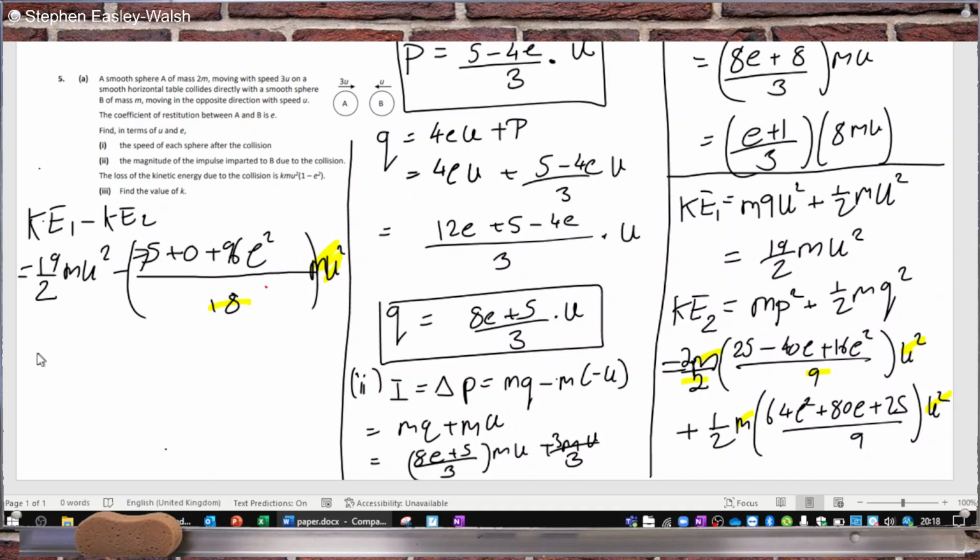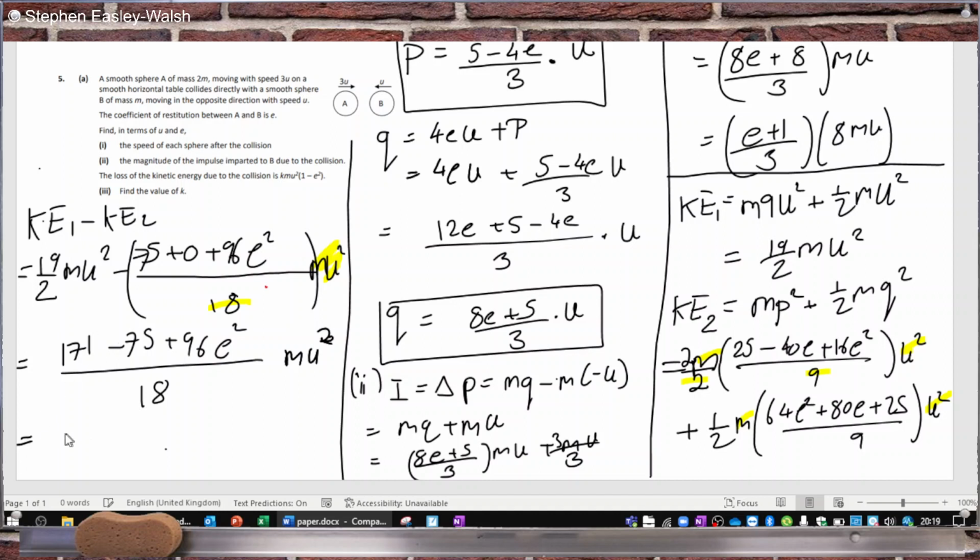So now I'll put this all over 18. I'll have to multiply above and below by 9. So 19 times 9, that's 171, minus 75 plus 96e squared.